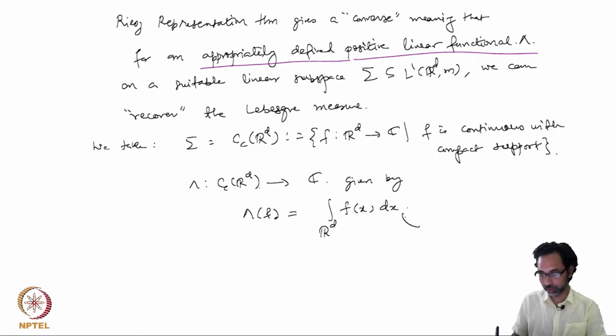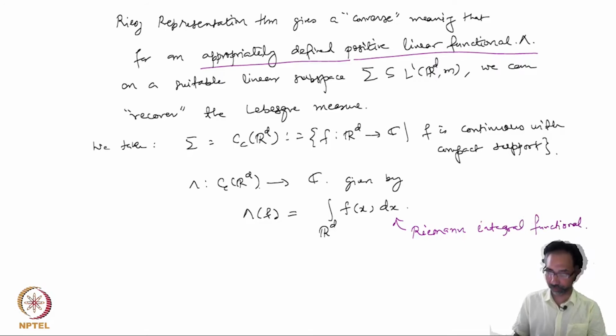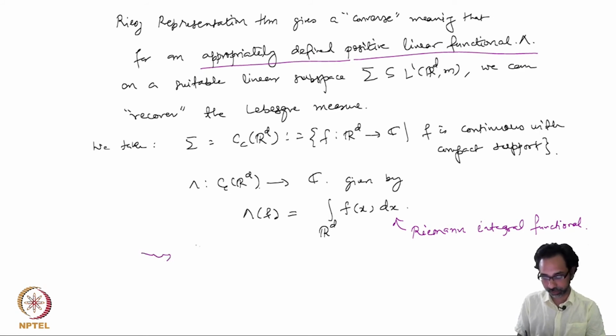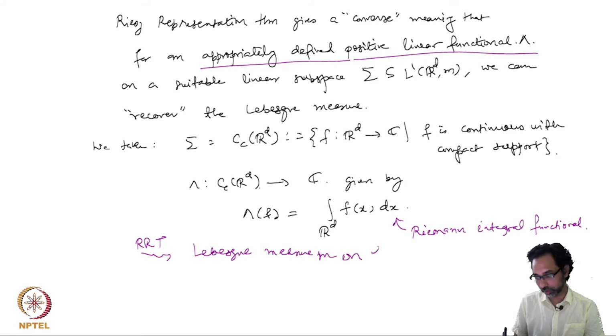So this is the Riemann integral functional, which is also a positive linear functional. And when we define lambda with this, we get back via the Riesz representation theorem the Lebesgue measure. So this is yet another construction of the Lebesgue measure, and of course we get back also the sigma algebra of Lebesgue measurable sets.